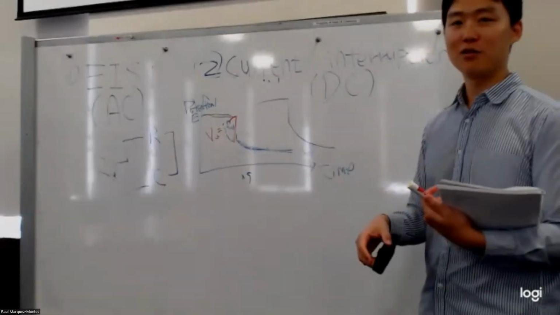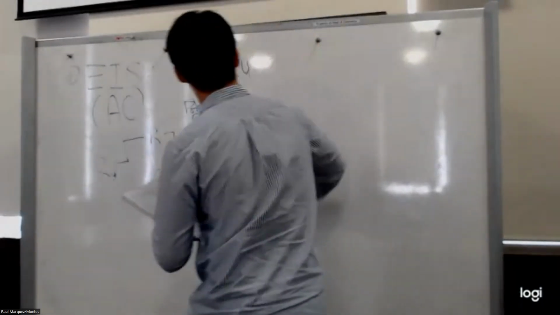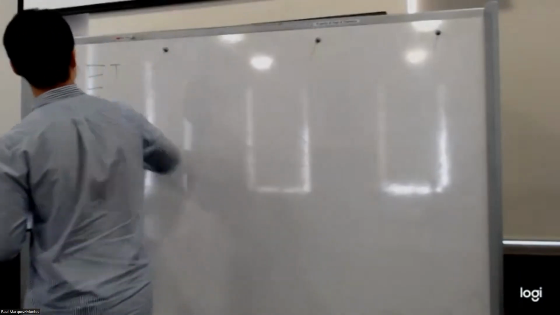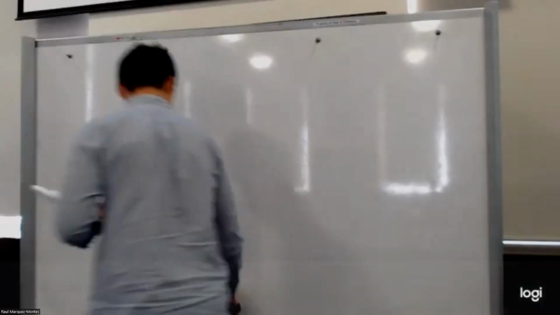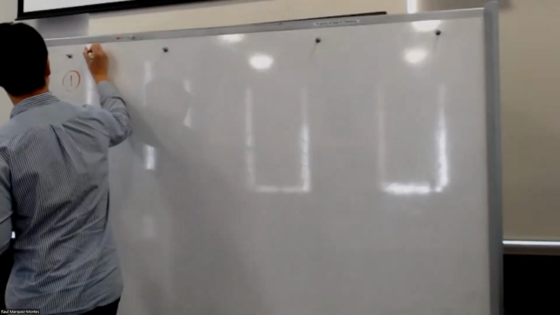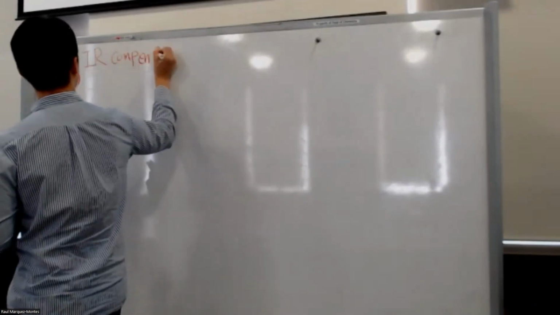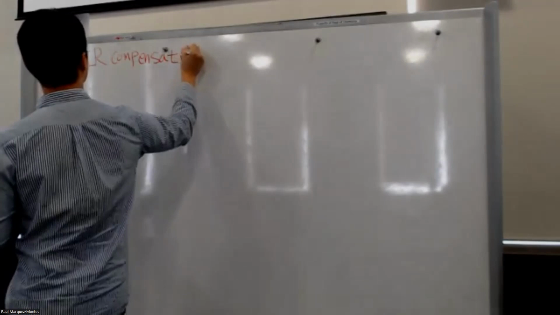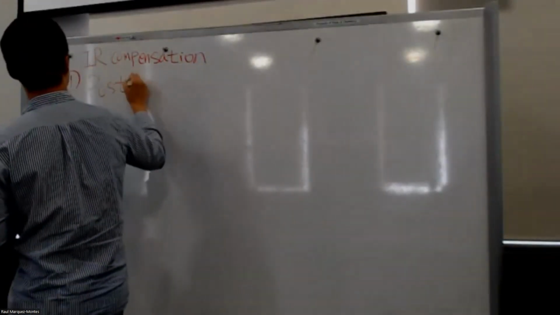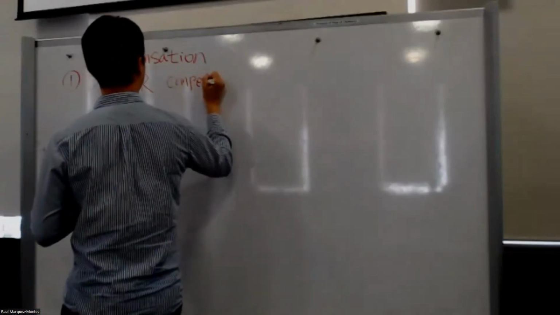There are 3 different methods for the IR compensation. One is called post IR compensation.